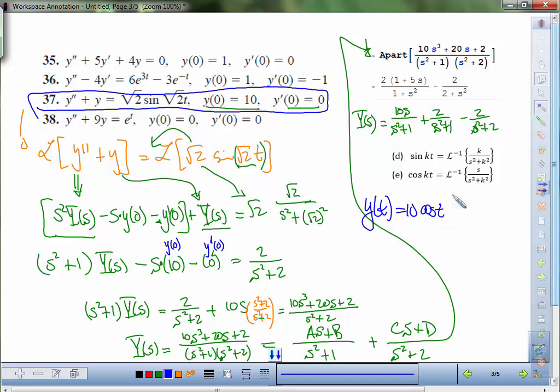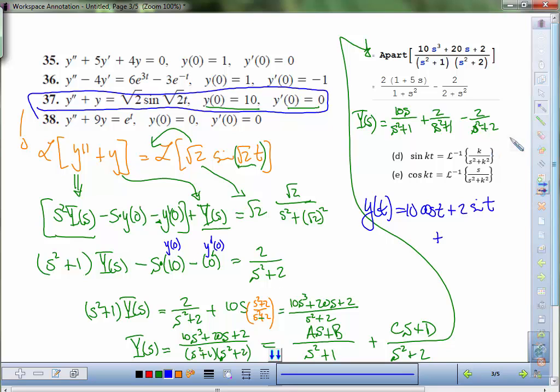That's the first one. The second one, we have a constant 2 sitting up on top. And that would leave us with 1 on the numerator, 1 over s squared plus 1, that's the sine t.